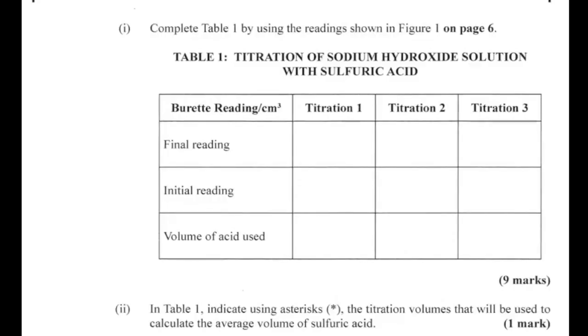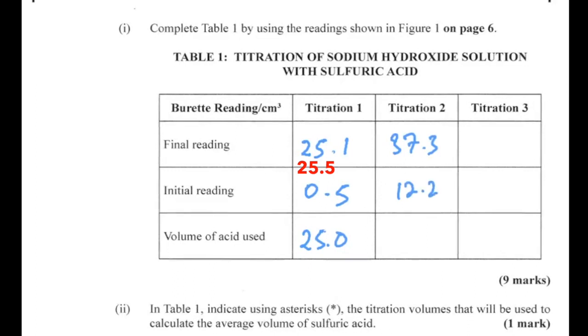Okay, so let us just fill out our readings. So final reading titration 1, we said it's 25.5. Initial 0.5. So the volume used would be the final reading minus the initial reading. So that would give us 25.0. Titration 2, this was 37.3, 12.2.